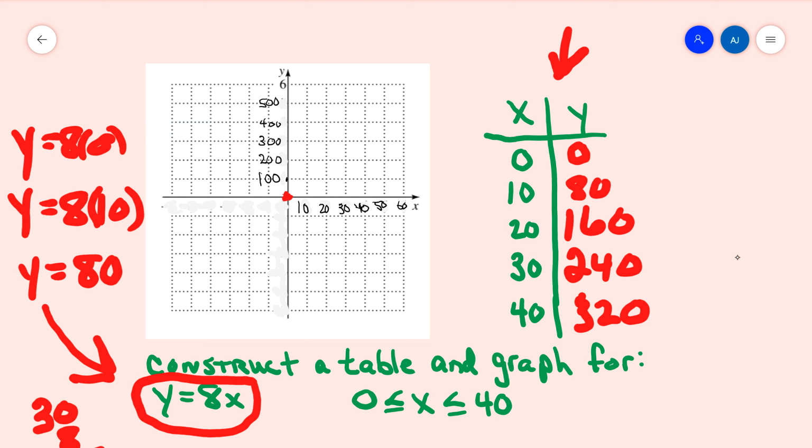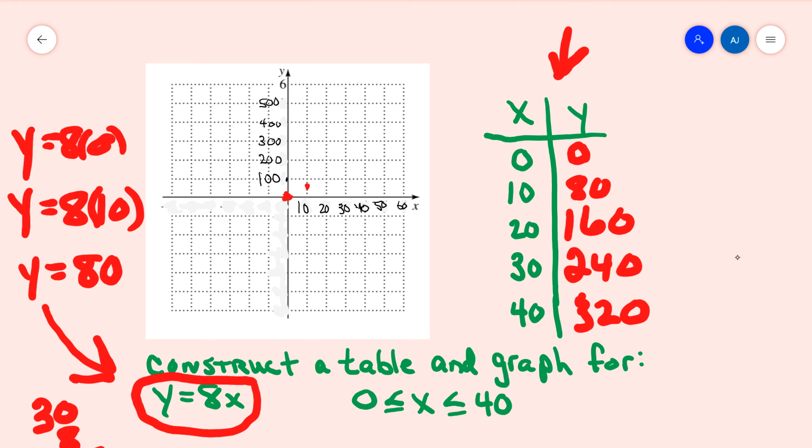So 10 for the x, 80 for the y. So I'm going to go over to 10 on the x and go up to 80 for the y. And I'm going to guess it's about there. Okay. I've got 2 points now. I could connect those 2 points and I'd have my graph. I wouldn't have to go through this individually. That's a little shortcut. I'll tell you more about it as we go.